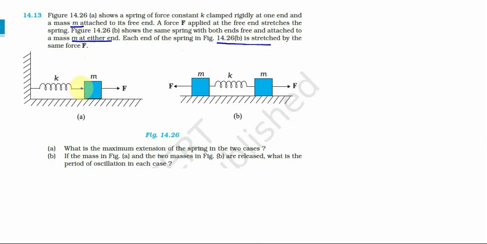So we are given the two figures here, figure A and figure B. In figure A, mass M is attached to a spring of force constant K and an external force F is applied to this block of mass M. And in figure B, two masses, each of mass M, are connected to the same spring of force constant K, and on both of these blocks a force F is applied.